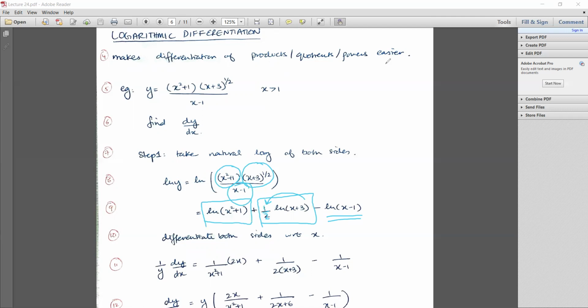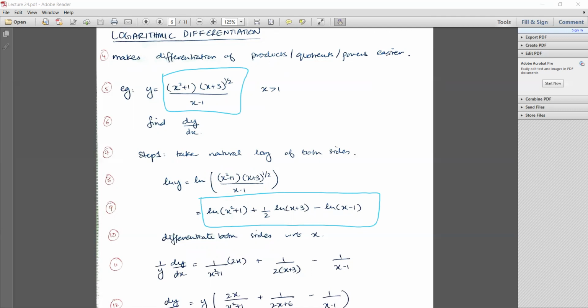Differentiating this is much easier than differentiating the original, right? So now if I differentiate both sides with respect to x, what do I get? On the left-hand side, I have ln y, so I get 1 over y times dy by dx. On the right-hand side, I just have to differentiate a sum, so the derivative is the sum of the individual derivatives.